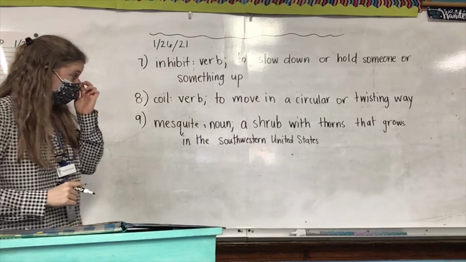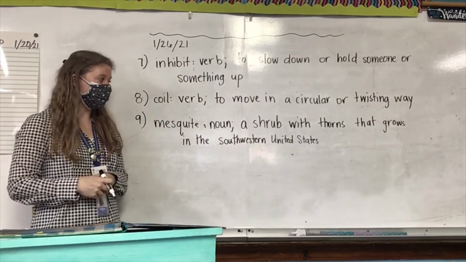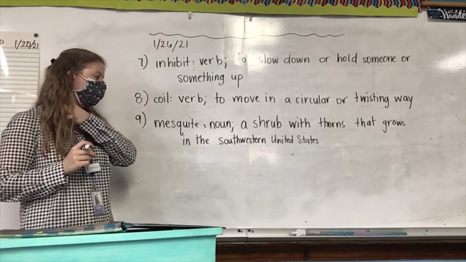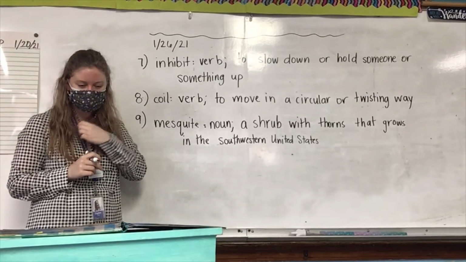So mesquite is a noun, and it is a shrub, which is a small tree or a large bush with thorns that grows in the southwestern United States.